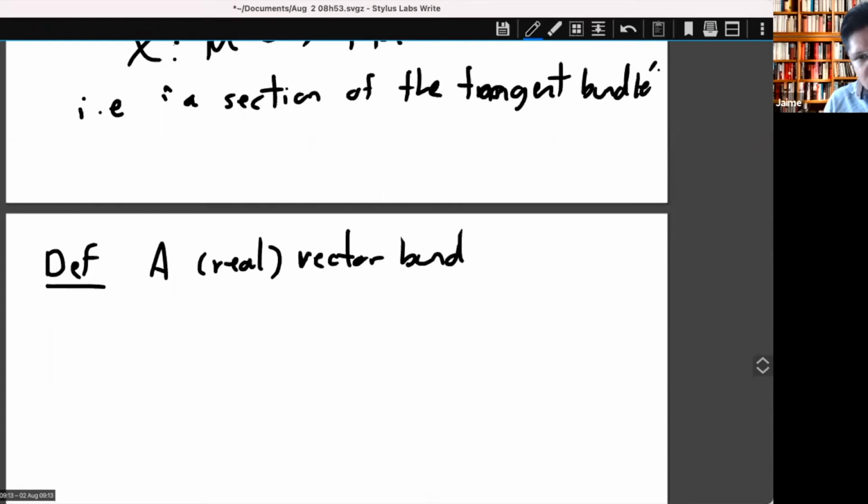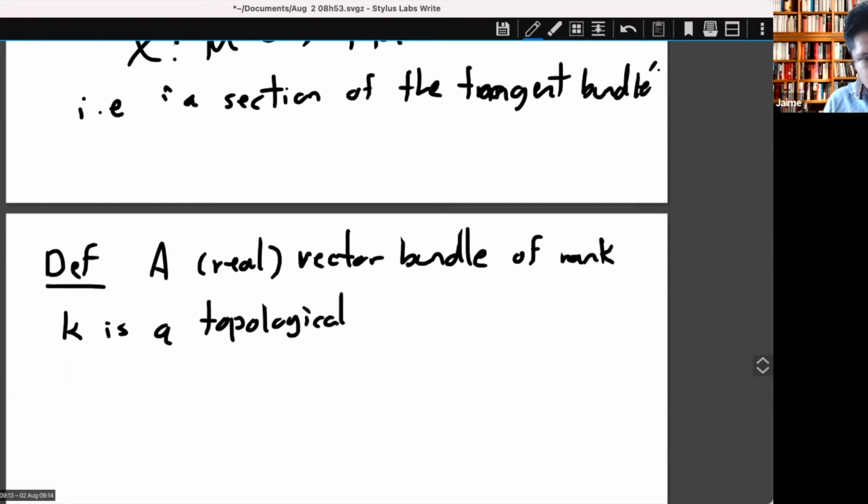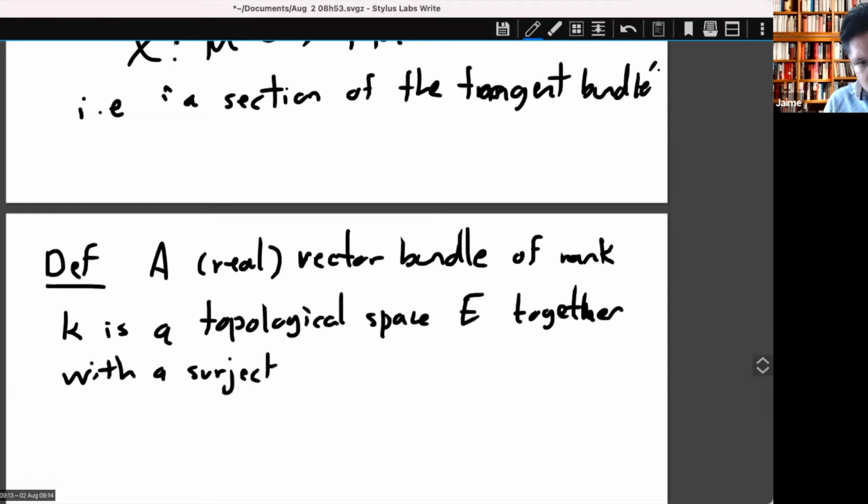A real vector bundle, I should say of rank k, is nothing but a topological space E together with a surjective continuous map.